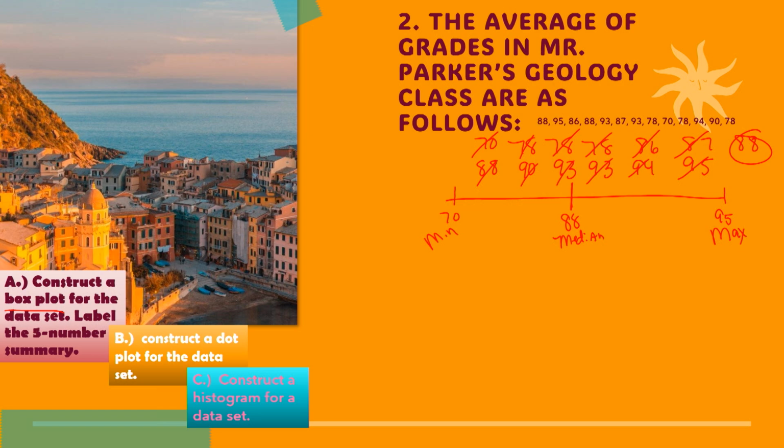What I need to do now is find Q1 and Q3. Now remember how we found Q1 and Q3? We have to look at our upper and our lower halves. If I take the median, or the middle number here, what would I have? Take these two, add them together, and divide by 2. So my Q3 is going to be 93. Same as up here, we're going to take this lower half and find the middle.